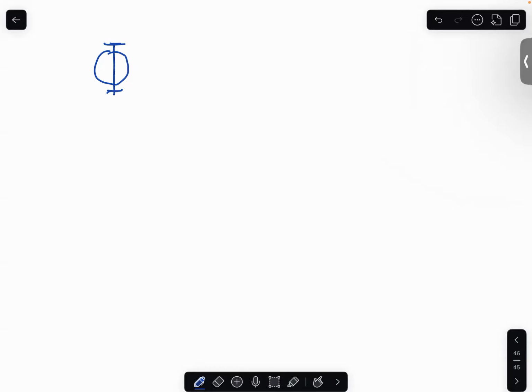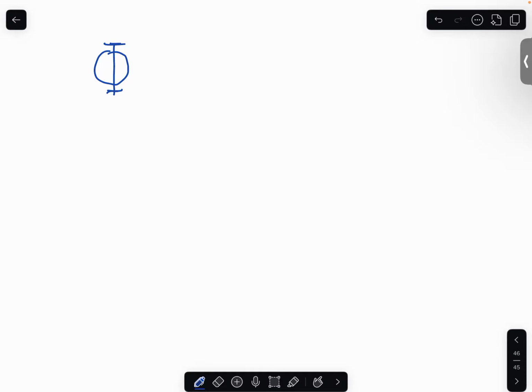Google Form B. Again, Earth's magnetic field, 52 microtesla, area 0.5 square meters. Round it, 50.